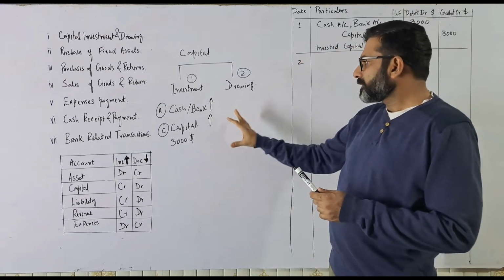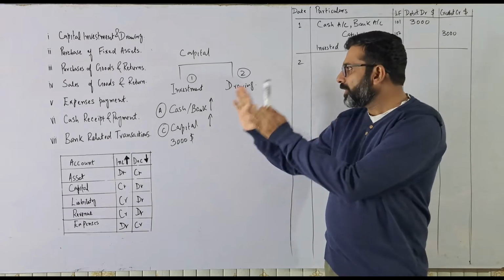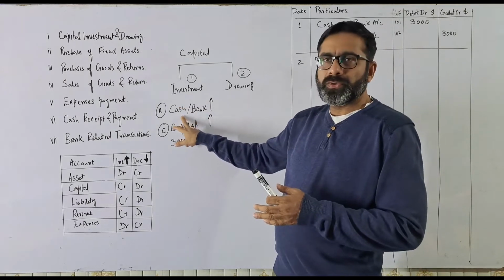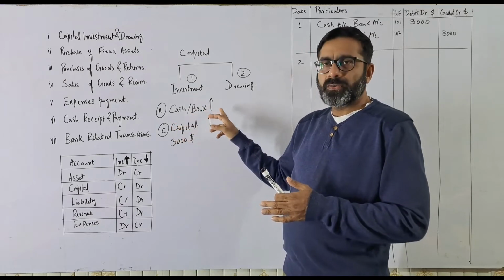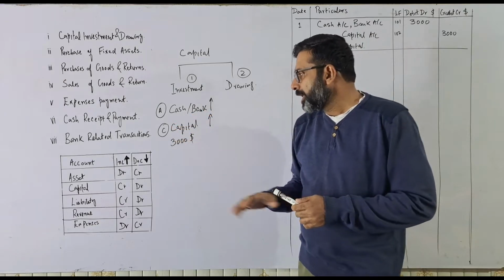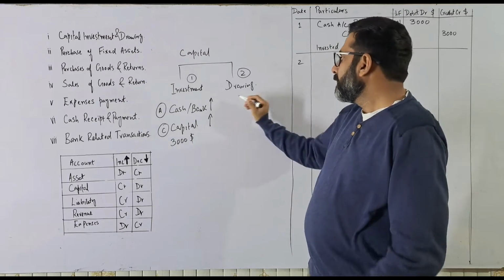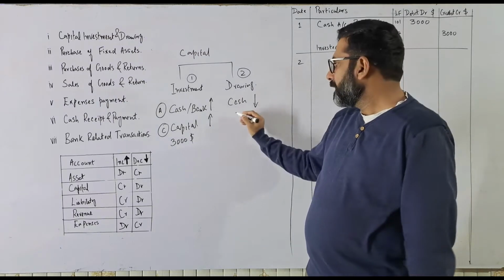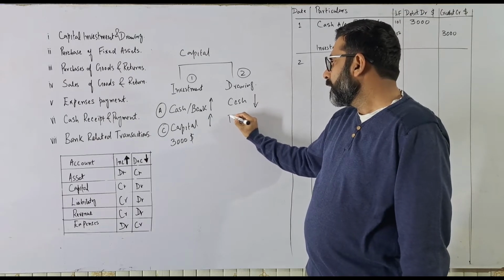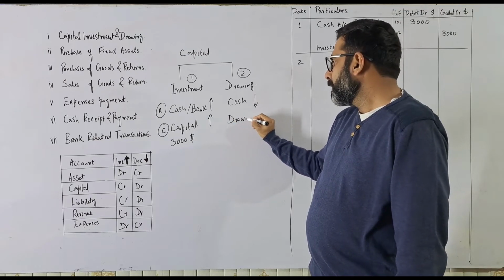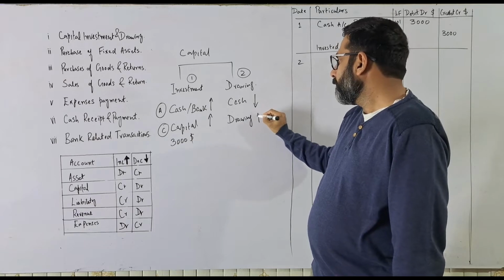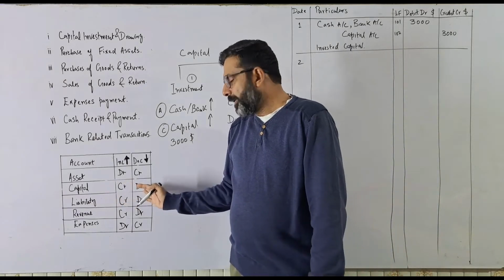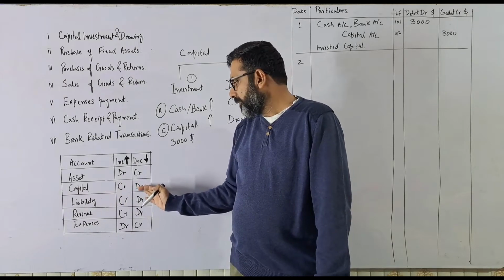So here it is just the reverse of the investment. In the investment, the cash account or bank account is debit and the capital account is credit. But here the cash account is decreasing and the capital is also decreasing, so drawing is increasing. Drawing is like a decrease in capital, so that will be debit.